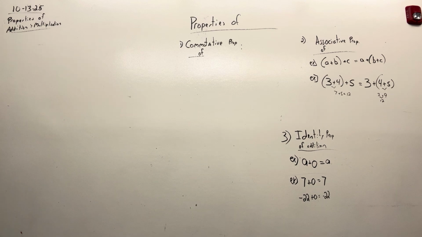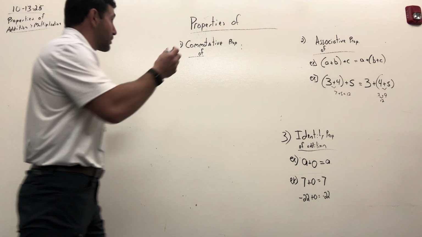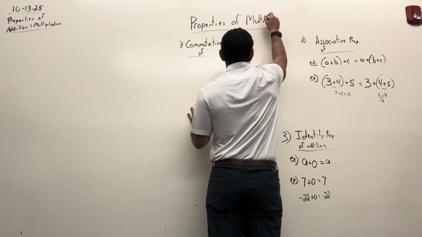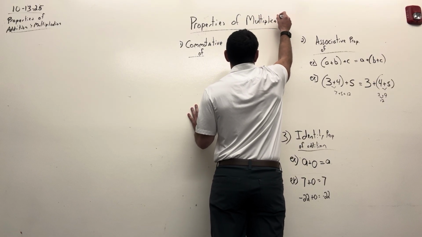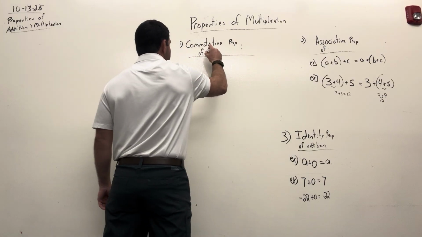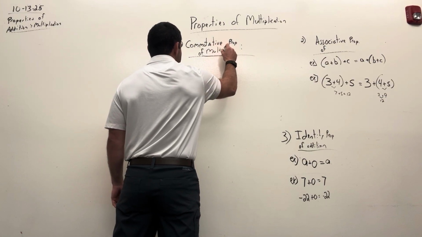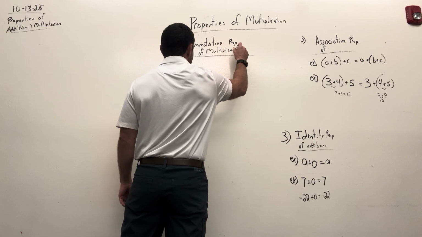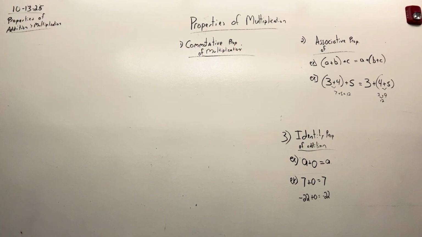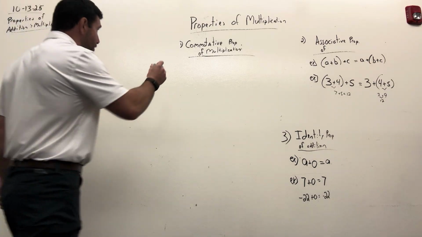So now we're going to talk about the properties of multiplication. Three of our properties will be very similar. Commutative property of multiplication. This said 3 plus 4 is 4 plus 3, right? Same thing happens with multiplication.